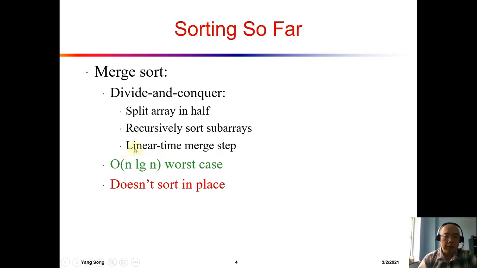So there is a linear time merge step, and I usually call that the aftermath after the recursion. We have proven that the time complexity, even for the worst case, is O(n log n), and the problem is it doesn't sort in place. So that's the reason we don't like the merge sort that much.